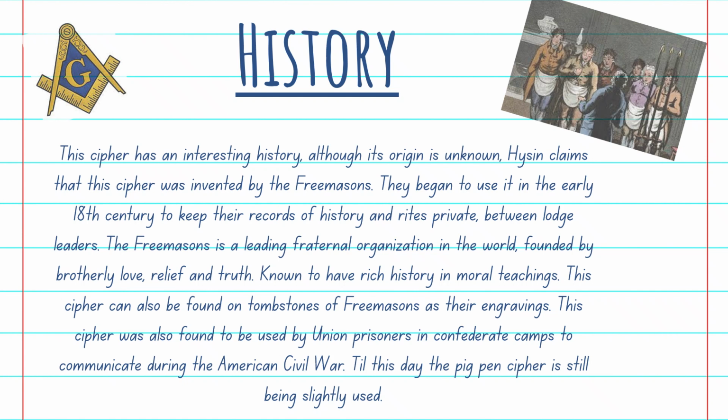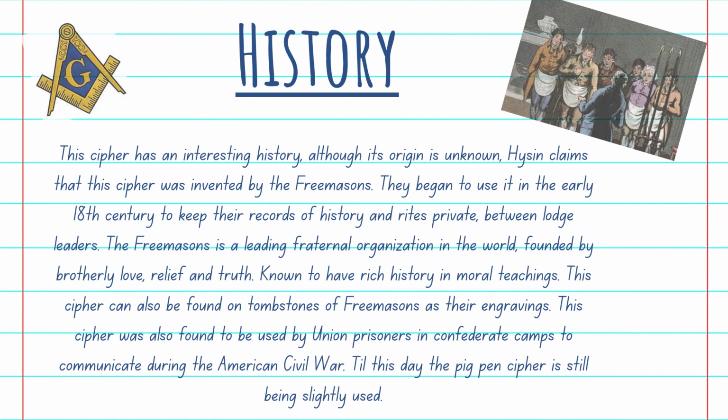This cipher has an interesting history, although its origin is unknown. Hyson claims that this cipher was invented by the Freemasons. And also, at a time, the Freemasons used it so much that this cipher also was known as a Freemason cipher.